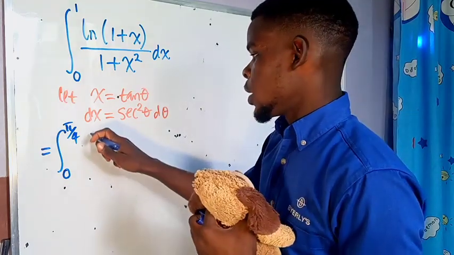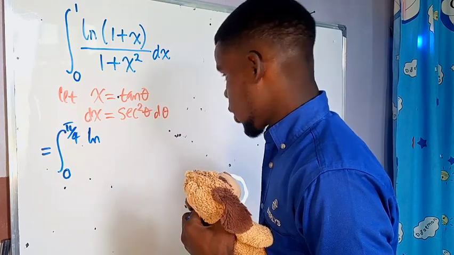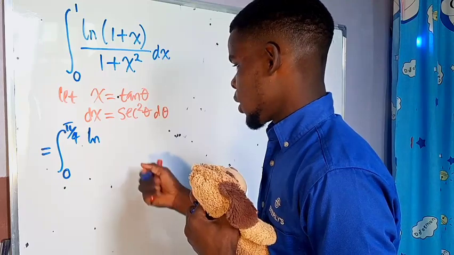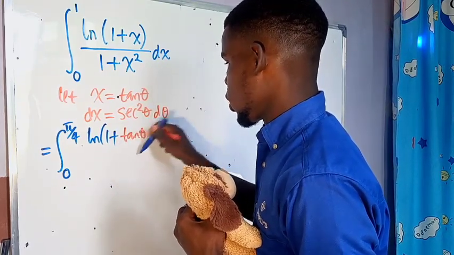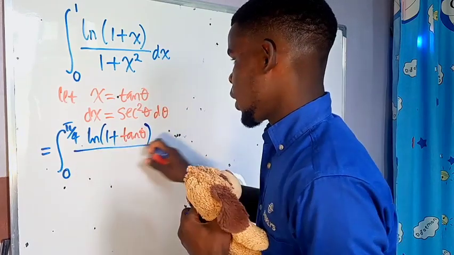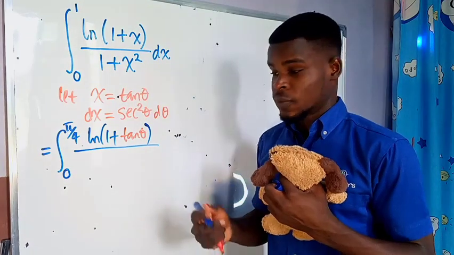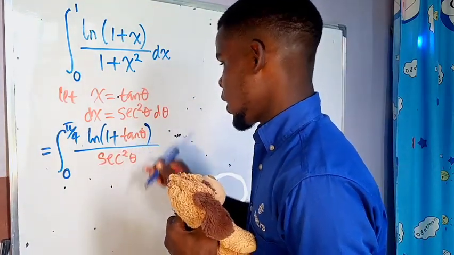So this becomes the natural logarithm of 1 plus tangent of theta, divided by 1 plus tangent squared of theta. 1 plus that will just give us secant squared, by trigonometric identities.